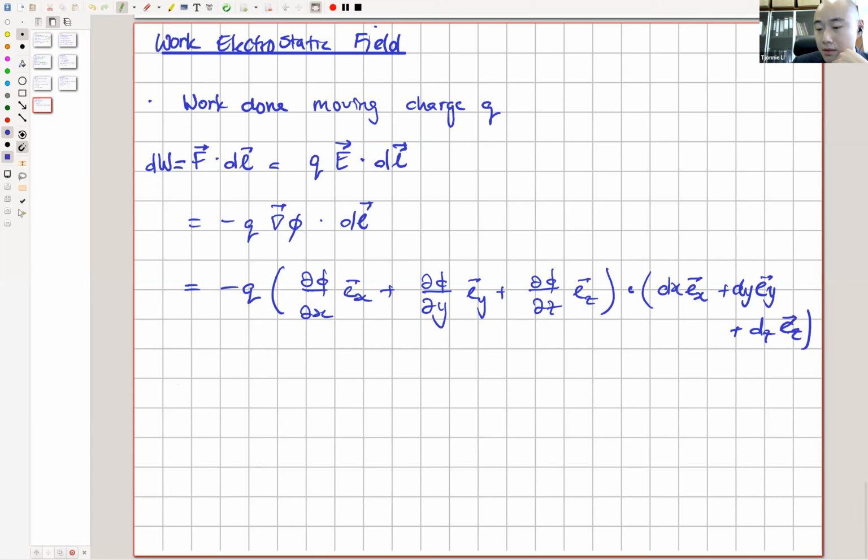If I take the dot product between these two vectors, it is simply the x components multiplied, the y components multiplied, and the z components multiplied. And so I simply get minus Q times partial phi partial x dx plus partial phi partial y dy plus partial phi partial z dz. So finally, this is simply a small change of phi.